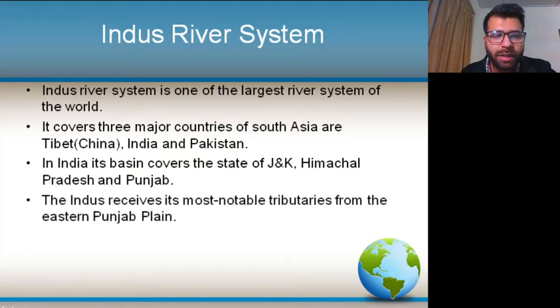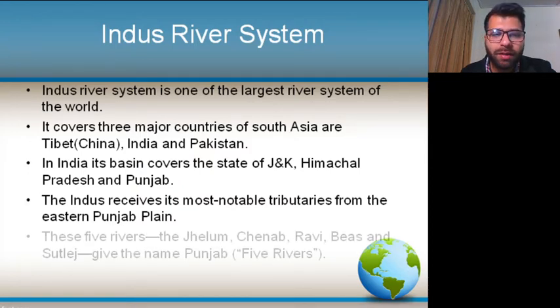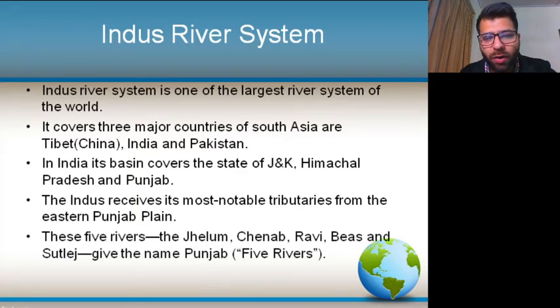The Indus receives its most notable tributaries from the eastern Punjab plains, although there are tributaries like Nubra and Shyok. These tributaries join the Indus River in the Ladakh and Kashmir region, but the biggest left bank tributaries of the Indus River are Jhelum, Chenab, Ravi, Beas, and Sutlej.